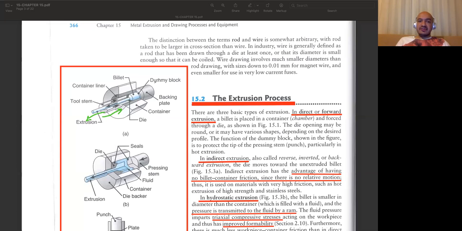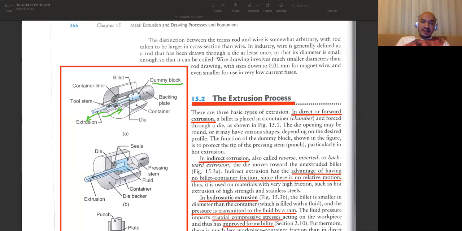And again, for the same reasons, we make use of a dummy block, but this time this dummy block is not moving in the direction of extrusion or the other direction. It's always stationary. Most of our billets, most of our workpieces are stationary. So that's why we have less relative motion between the workpiece and the walls of our container or chamber.